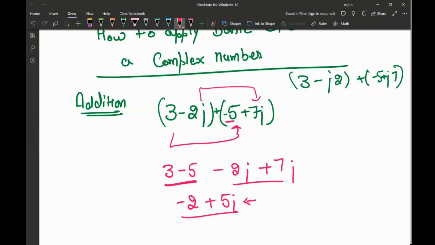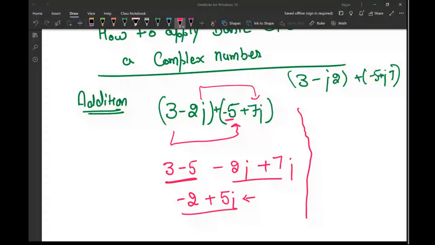Now let's look into another number. As I said, my computer screen is frozen, so I am trying my best so that it starts working again before I run out of space. And let's look into another question: 7 plus 9j and minus 6 minus 4j.